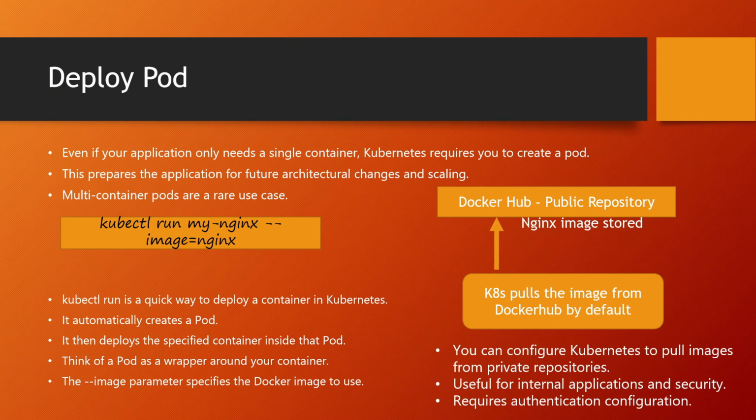Now, the very first thing is how you are going to deploy the pod onto your Kubernetes. I hope till now you understood what a pod is, what multi-container pods are, and what problem it resolved that we were facing in Docker. Let's now understand how you are going to deploy a pod.